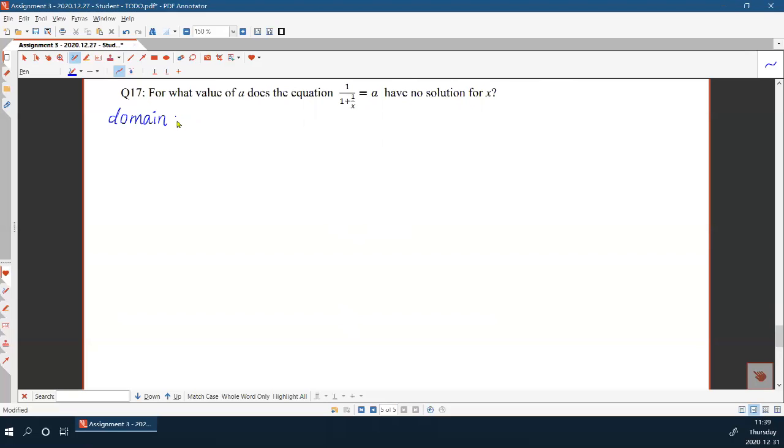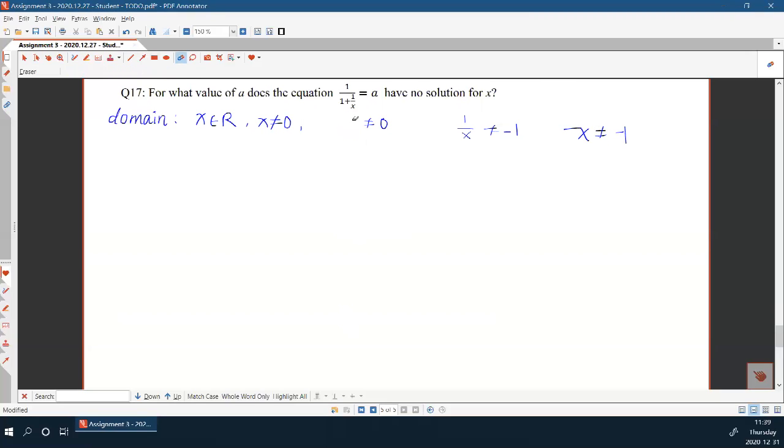So the domain is x could be any real number, but x cannot be 0, because x here is a denominator. And also, this expression cannot be 0 because it is also a denominator. So 1 plus 1 over x cannot be 0. That means 1 over x cannot be minus 1, which means x cannot be minus 1, right?